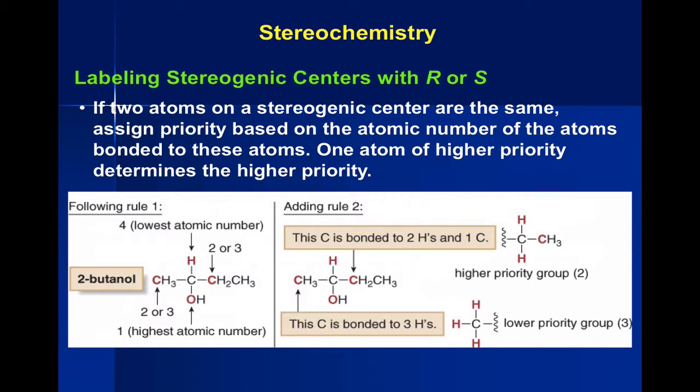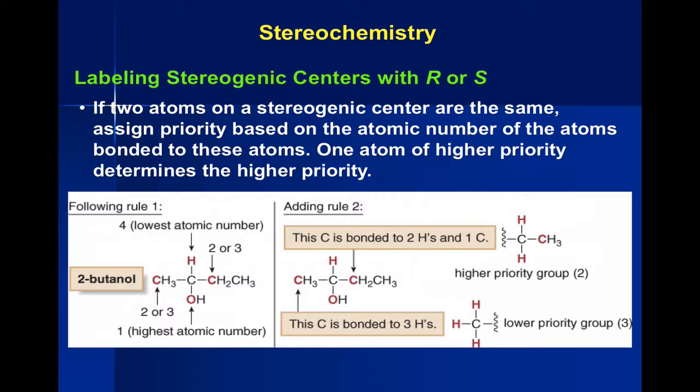So if we look at 2-butanol, we're going to have to assign the priorities to the things that are attached to the chiral center. And the rule was what? Atomic number, right? Well, if I look at this and I see what's attached, I know I have a hydrogen, an oxygen, a carbon, and a carbon.